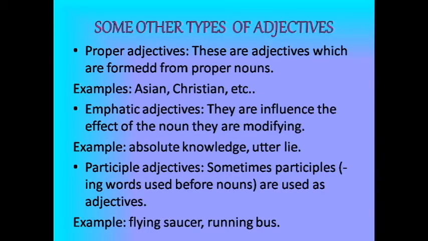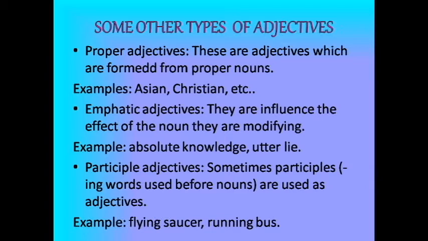Some other types of adjectives. Proper adjectives. These are adjectives which are mainly formed from proper nouns. I hope you remember proper nouns. The nouns which refer to a specific person, place, object or thing. For example, Asian, Christian, your name, your school name, etc. The next type of adjective is emphatic adjectives.